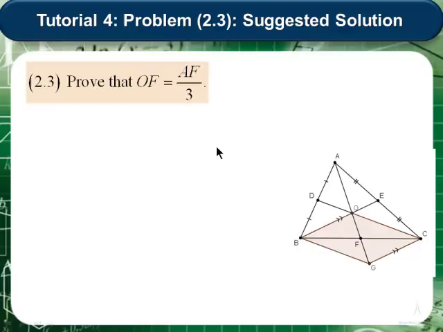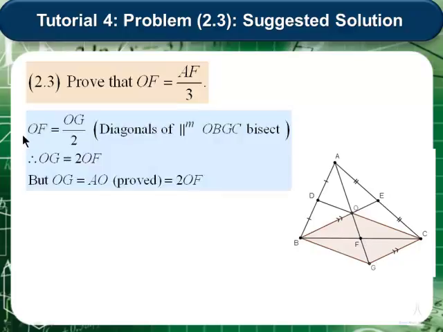We now look at the suggested solution to the last part of tutorial 4. So we need to prove here that OF is equal to a third of AF. Now, what do we know? We firstly know that OF is equal to a half of OG, because the diagonals of a parallelogram bisect each other.